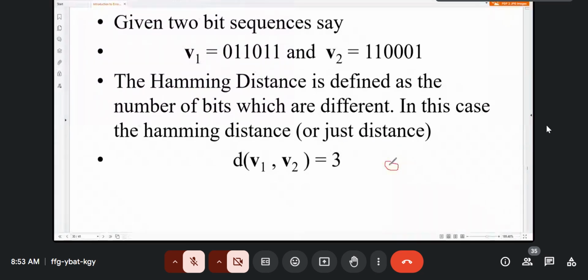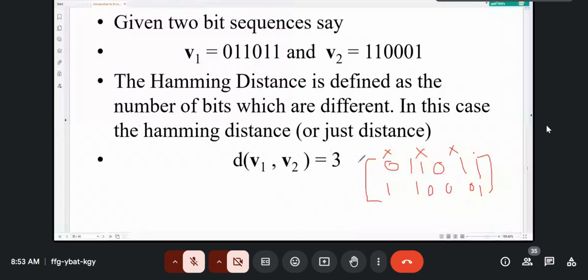So we have 0, 1, 1, 0, 1, 1 and 1, 1, 0, 0, 0, 1. Here this bit is different, this is the same, this bit is different, this is the same, this bit is different, this is the same. So for 3 positions the bits are different. The Hamming distance of these 2 vectors is 3, which you write d(v1, v2) = 3.